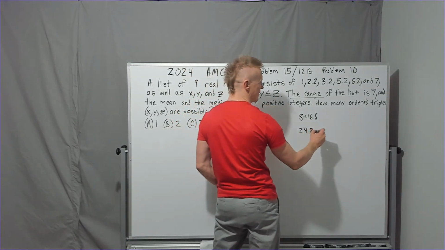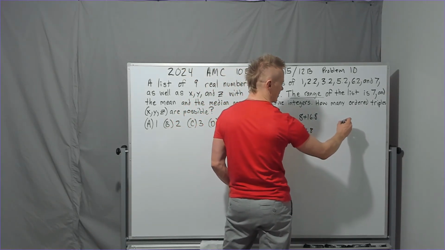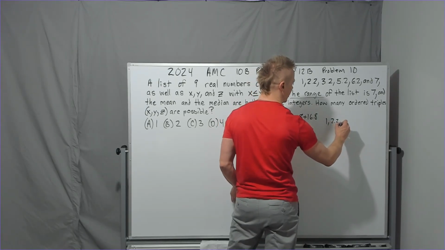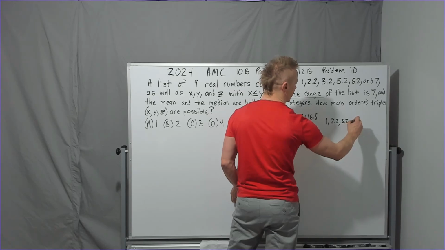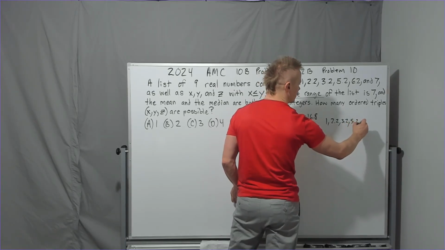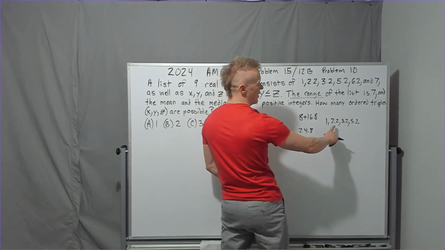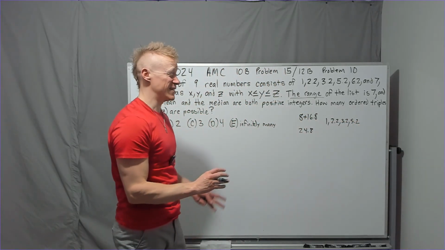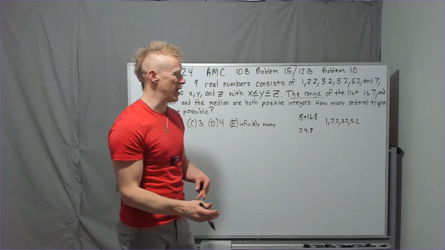Now, if we add the z value as 8, so I'm going to have to write these, aren't I, to kind of keep track of what's going on. 2.2, 3.2, 5.2. By the way, the next number needs to be your median, which means it's either x or it's y.